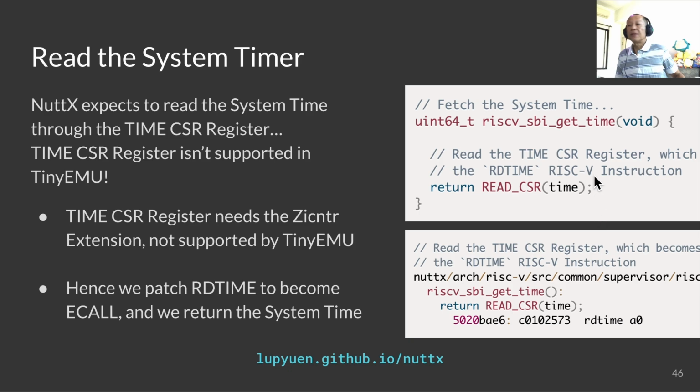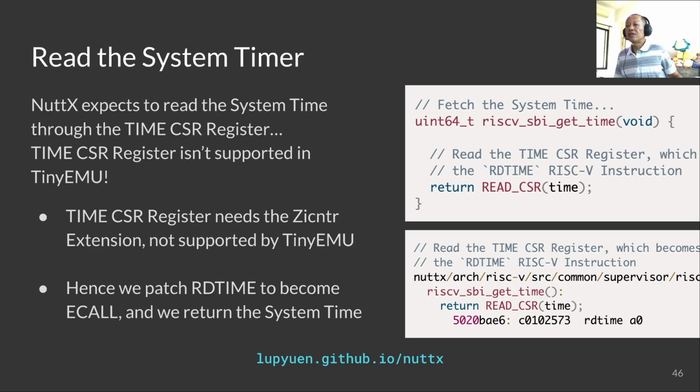NuttX expects to read the system time through the time CSR register, like this code from NuttX kernel. CSR means control and status register, controls a RISC-V system. We have a problem. The time CSR register doesn't exist in TinyEMU.